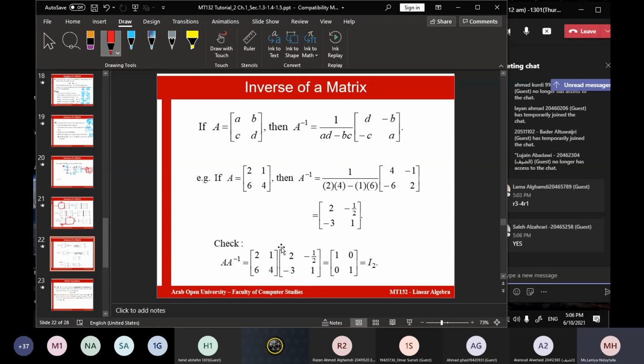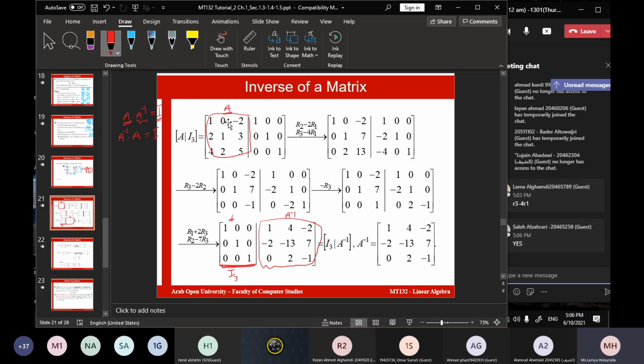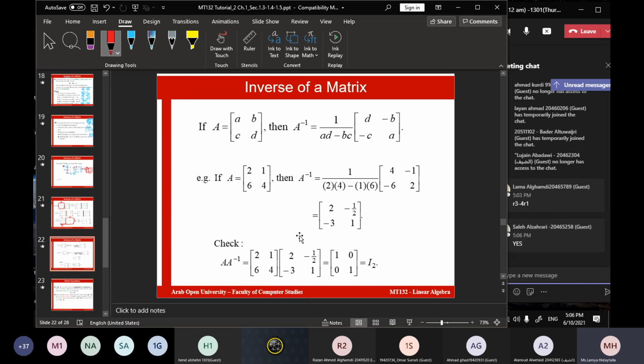For 2 by 2 matrices, you can use the same method, yes, even if the matrix is 2 by 2. So I take the identity 2 by 2 and I continue. Is there another method? Yes, it is simpler and easier in the case of 2 by 2 matrices. So what is that?